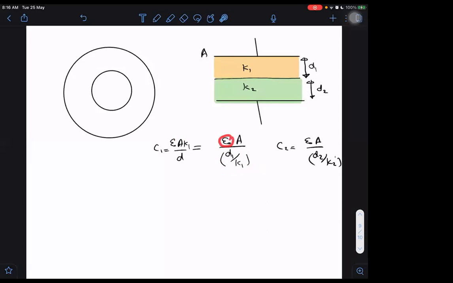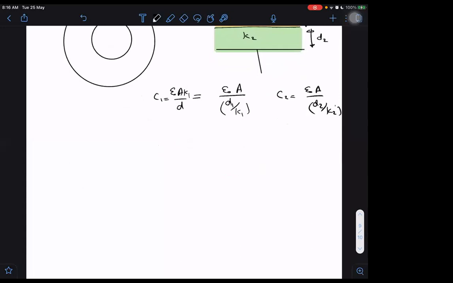But in vacuum, I have to take the equivalent capacitance with a lesser width. The width I have to take is D1 by K. So effectively, I can make an equivalent vacuum capacitance in which the width gets reduced. One side width becomes D1 by K1, and the other side width becomes D2 by K2. These two will be in series with each other, and there will be only vacuum, epsilon naught only.